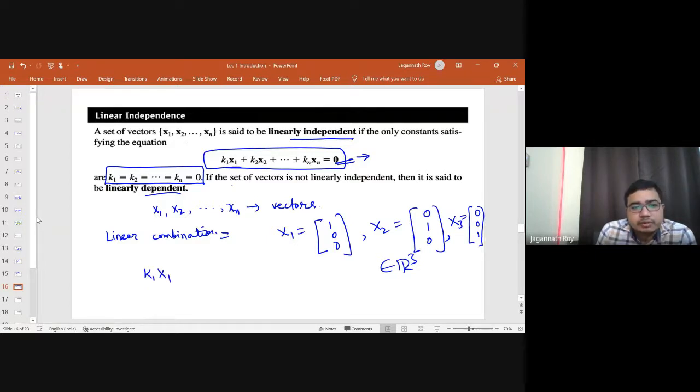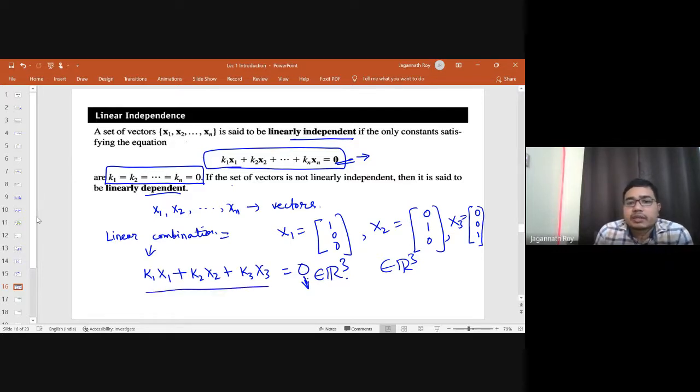K1 times x1 plus K2 times x2 plus K3 times x3 becomes 0. Now when we talk about this 0, it is also a member of R3. Again, if we add 3 apples, you cannot get some mangoes. So the dimension of the right hand side and the left hand side should match.